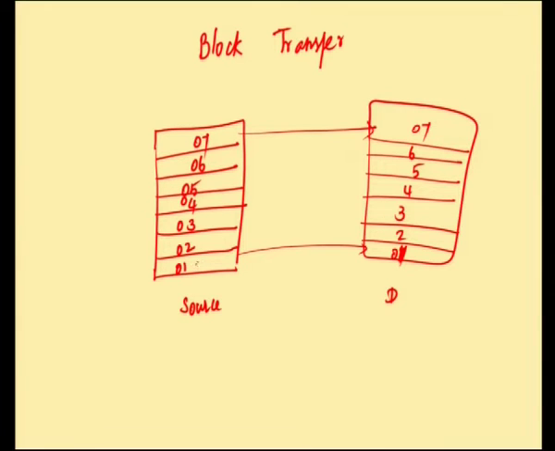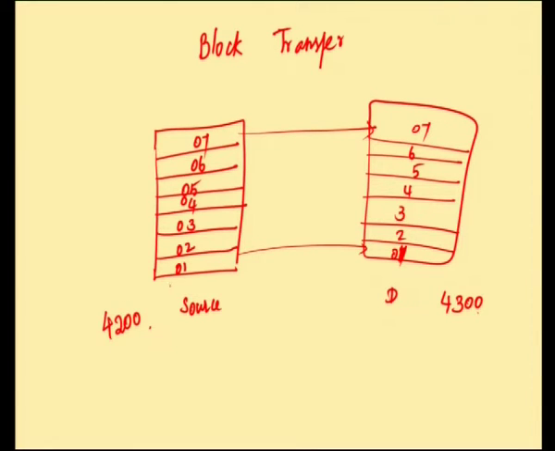Do you have any idea how to transfer from one block to another block? First, we have to initialize the address for each block. Suppose I have taken the address 4200 for source. For destination, I will take the address 4300. Suppose I have 7 data, then first I want to move the content from 4200 to 4300.